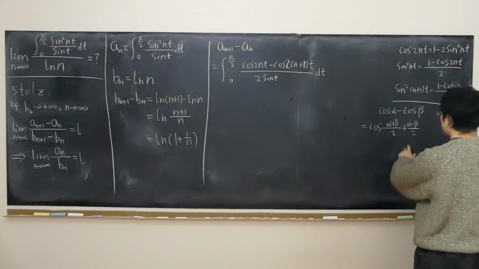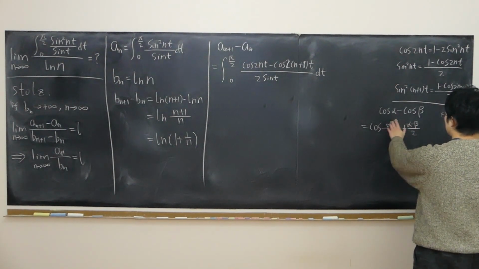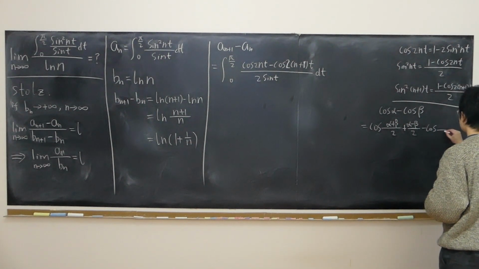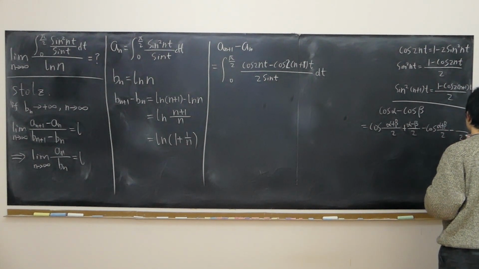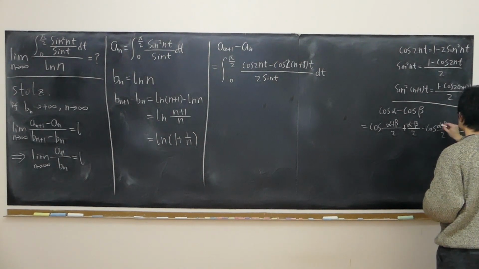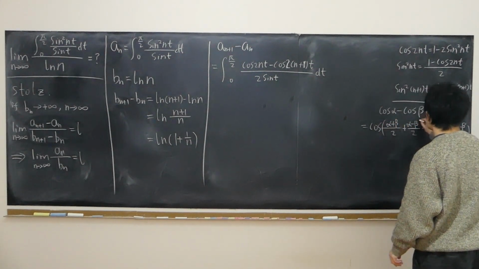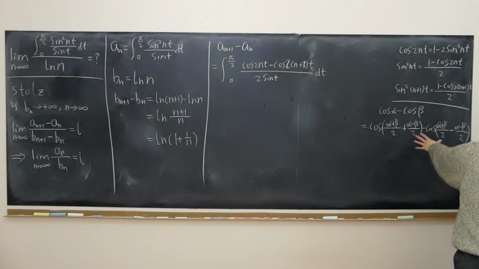The beta terms cancel out. This is indeed true. Minus cosine of beta can be written as half of alpha plus beta minus half of alpha minus beta. The alpha cancels out, and beta plus beta gives twice beta. So this is true, and cosine alpha and cosine beta can be written like that.